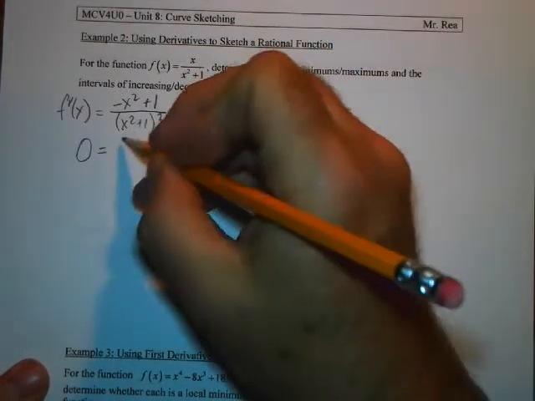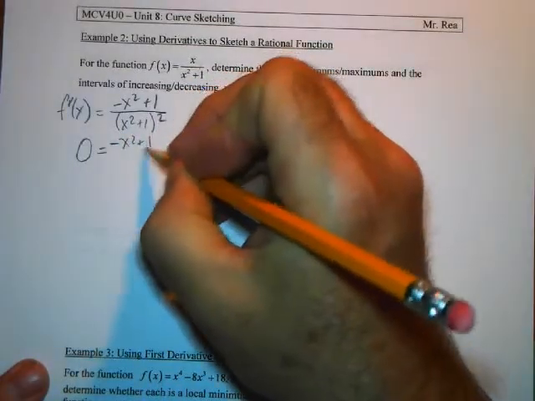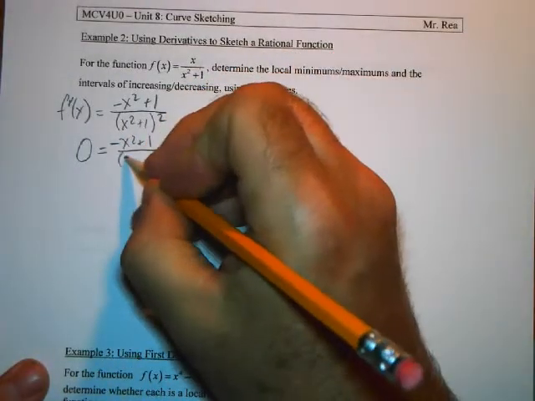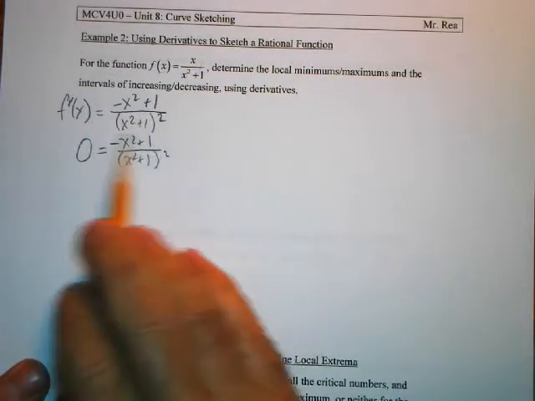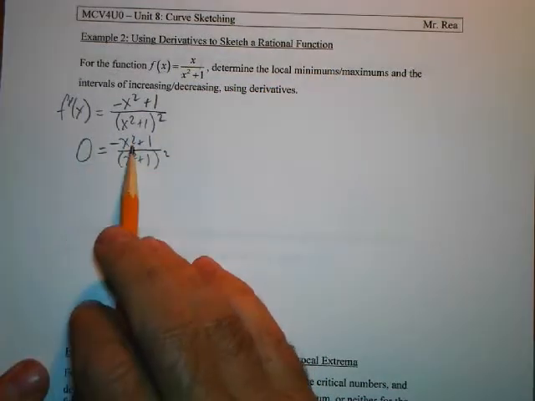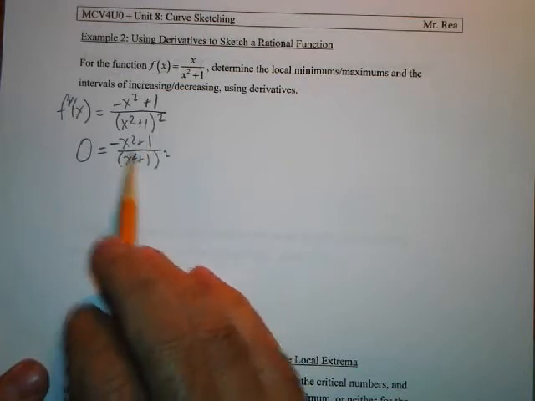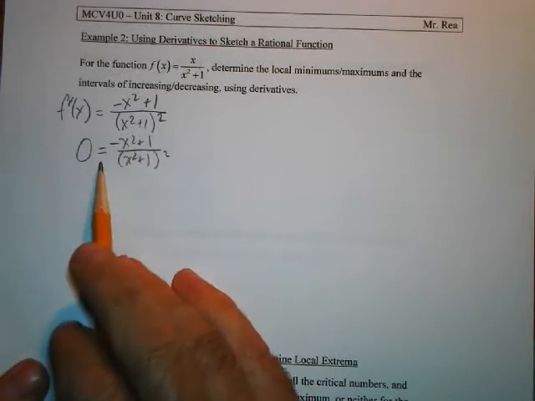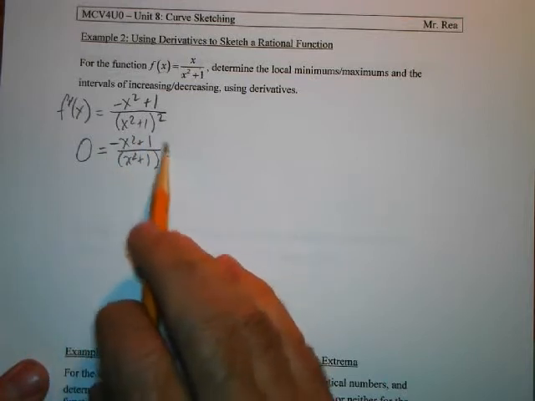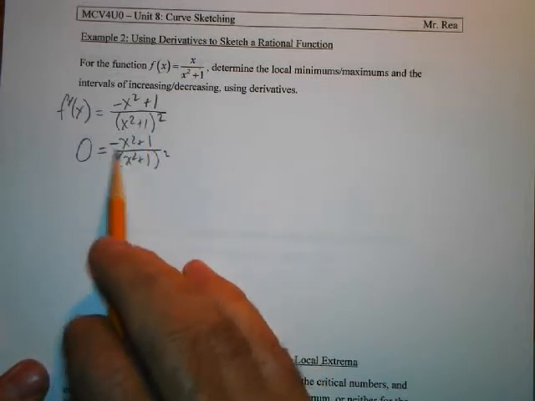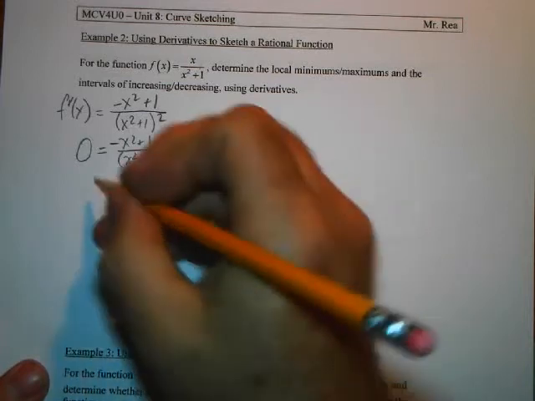So if I set the derivative to 0 and solve, hopefully you remember, if you have a rational function, you could do cross multiplying, but really if the right side here is going to be 0, that means that the top has to be 0.